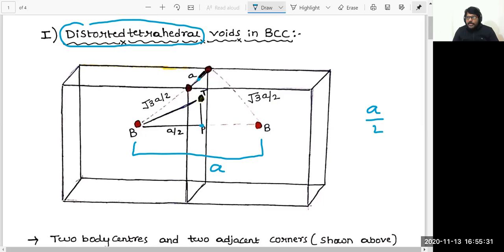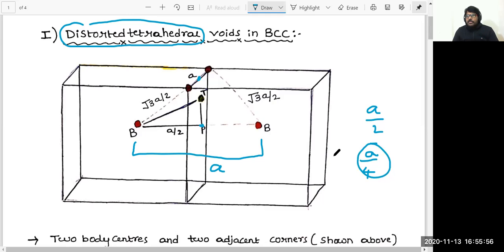And from this point to the tetrahedral void, that will obviously be a by 4. The tetrahedral void is located between edge center and face center, exactly at the midpoint. And from edge center to tetrahedral void, the distance is a by 4.